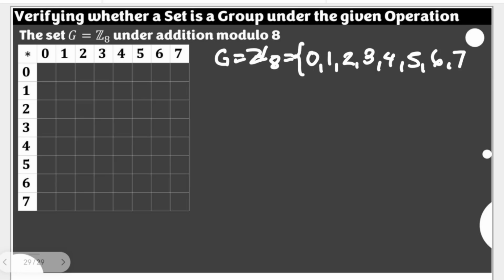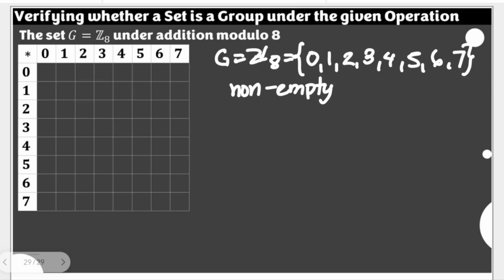Because if you have 15, the remainder is 7. If you have 16, the remainder is 0 because 16 is divisible by 8. So we have these elements. This means that it's very clear that our set is a non-empty set.